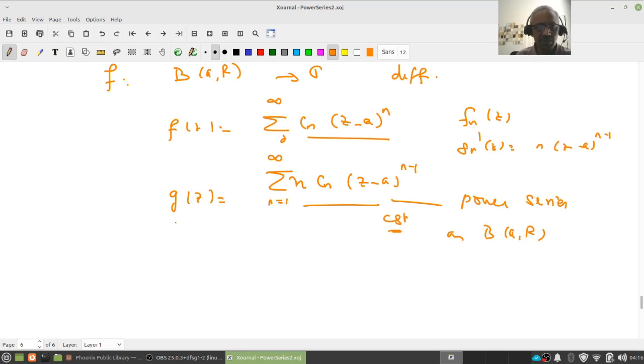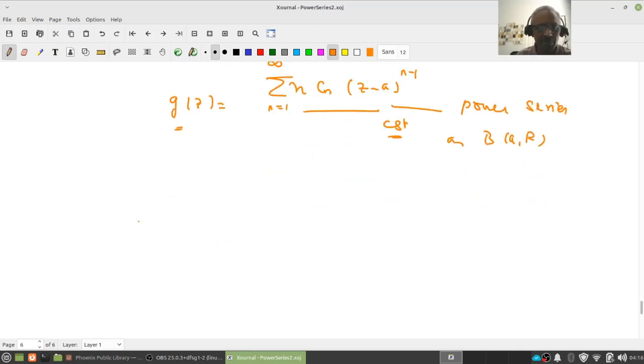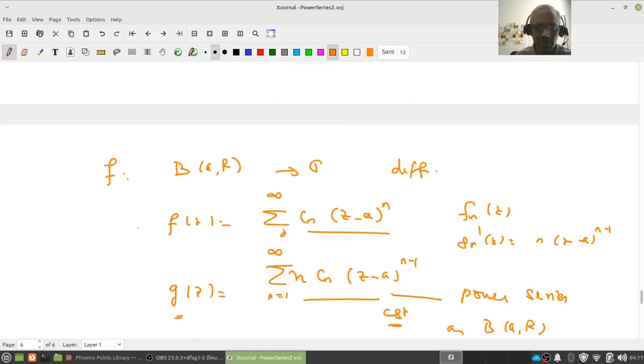Therefore g will be continuous by what you have seen: whenever a power series converges in a disk of convergence, the sum defines a continuous function. What we are going to show is f dash z equals g of z. In other words, if f(z) is given by this power series, you differentiate it term-wise, the way we did, and you get the derivative. It's like differentiating a polynomial function, exactly the same way.